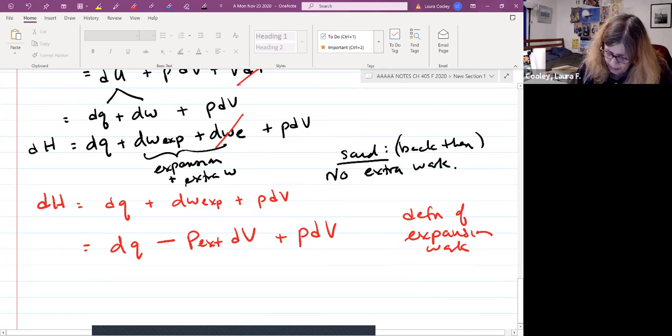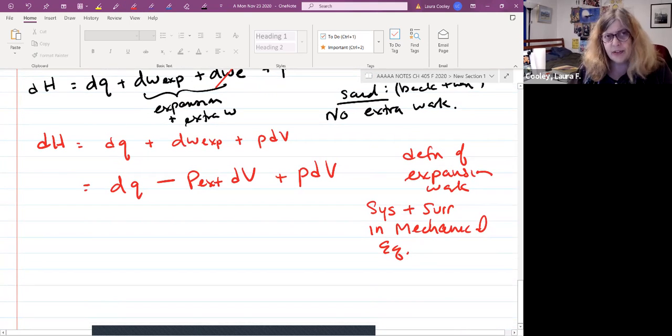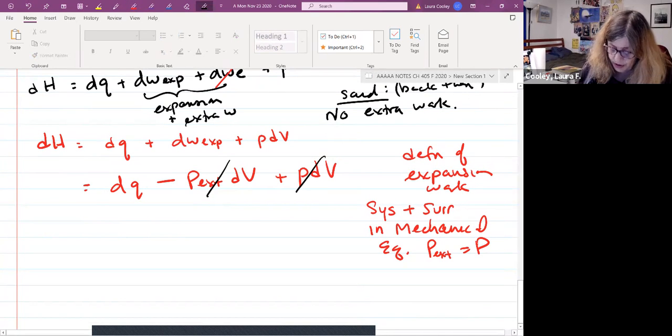Now I'm going to say that the system and the surroundings are in mechanical equilibrium. What does that mean? That means that the pressure of the system is the same as the external pressure. And that's great, because then I get to cancel these two terms. And I get, hold on, I forgot the dW expansion.